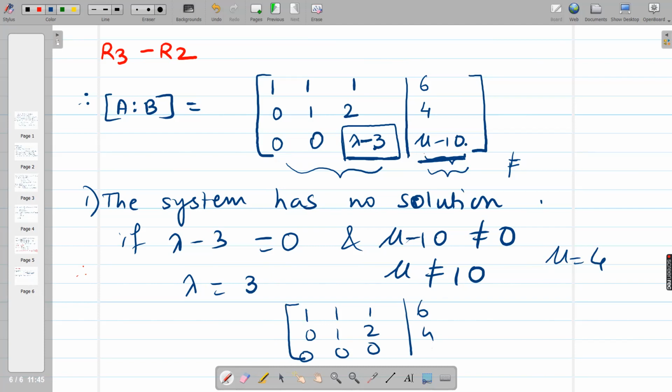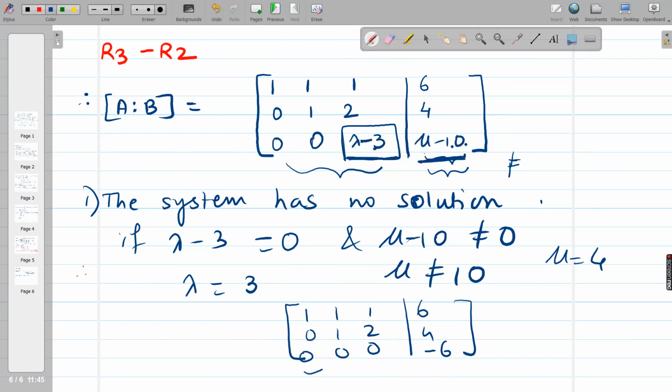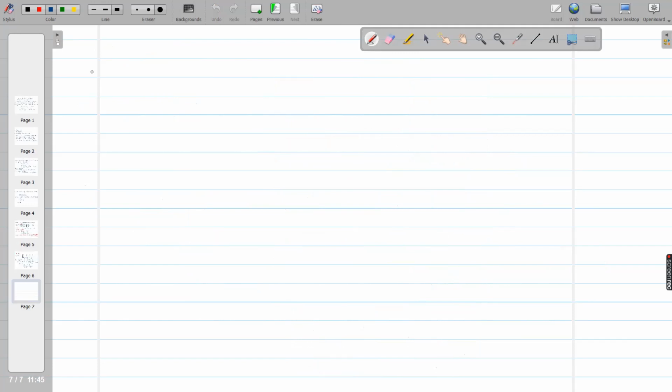If I put mu as 4, then 4 minus 10 would be minus 6. So how is this possible that on the left hand side entirely you have 0 over here, and this is a non-zero entry? This is impossible, and therefore the system will not have any solution when lambda equals 3 and mu is not equal to 10. Let us see the next case.